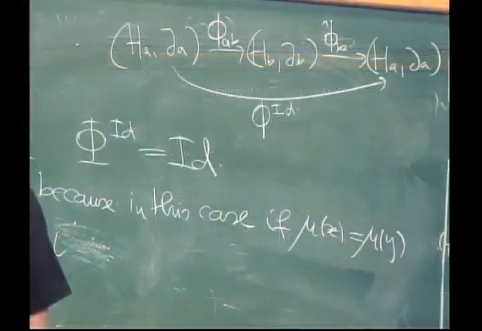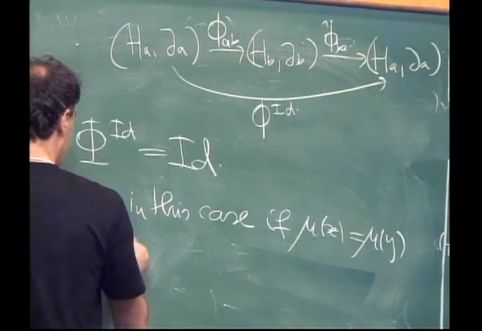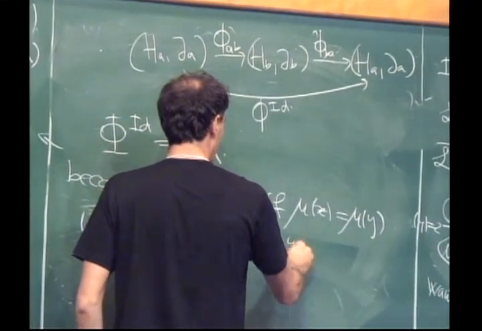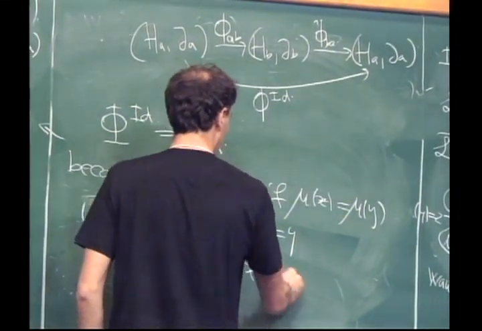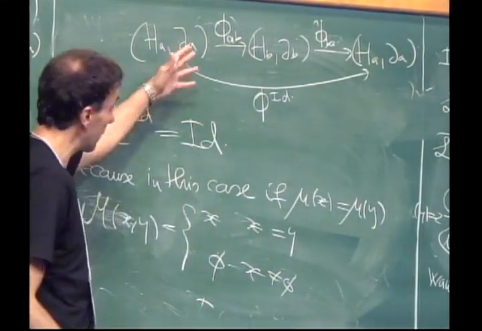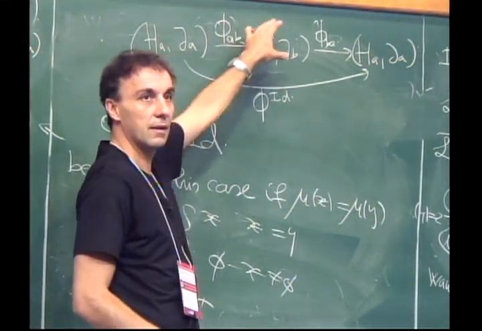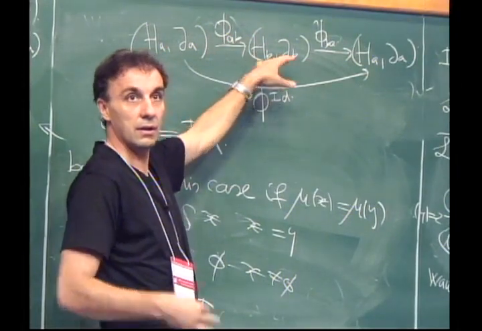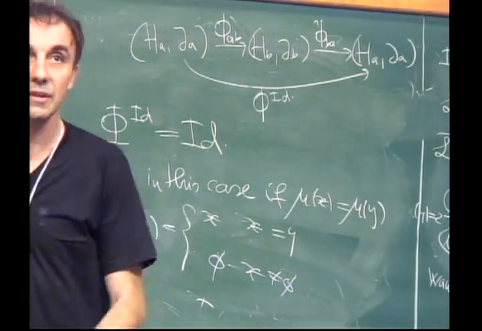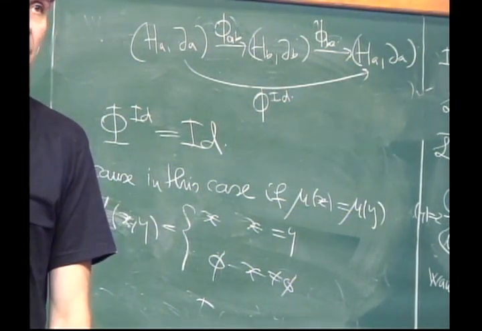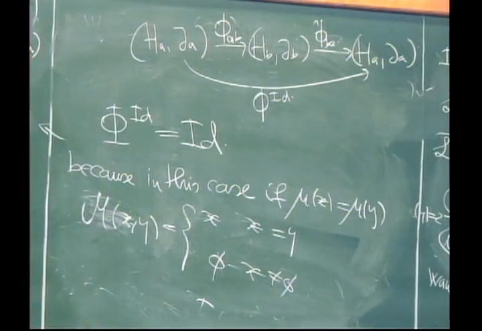So M(x,y) here is x if x is equal to y and no trajectory otherwise. And then, of course, you have a lot of work to do in order to prove that these two morphisms induce the same morphism in homology. So this is the last part of this invariance property. Okay.